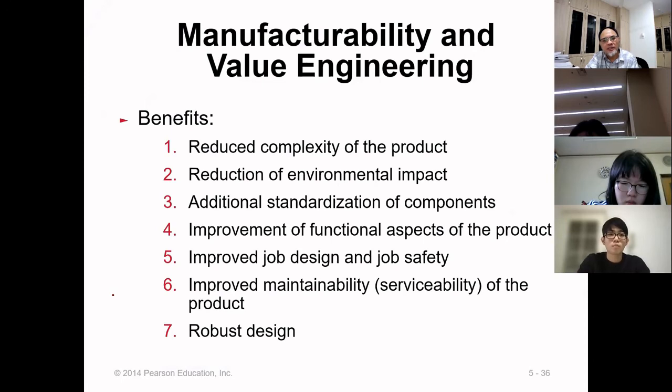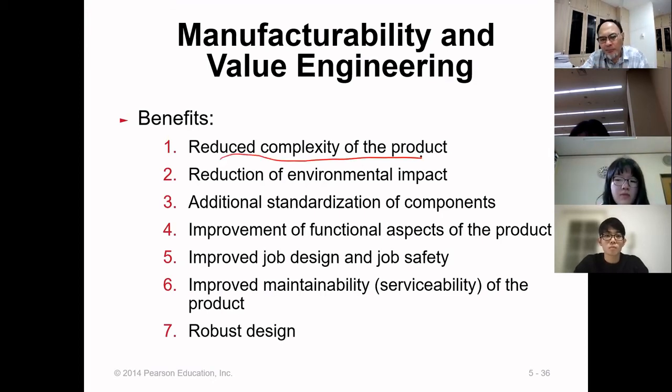Okay, there is some explanation on manufacturability and value engineering. So when you talk about manufacturing and value engineering, we always try to think about how to reduce the complexity of the product. Make it simple, because the simpler the product, as long as it meets the function, the easier it is to make. Okay, if you make the product complicated, then it is much more difficult to produce and to do maintenance. So that's why the Japanese changed the philosophy of product.